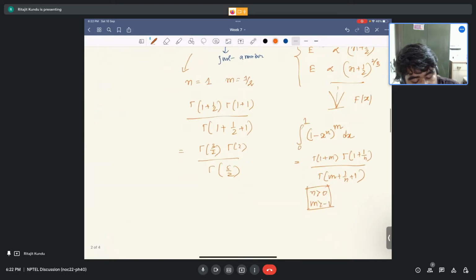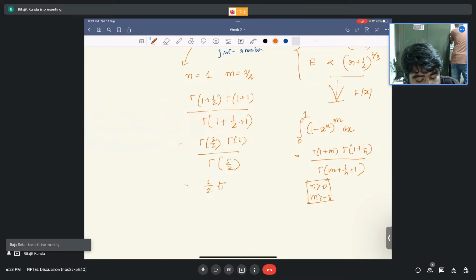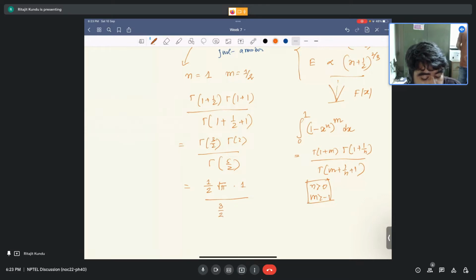As you might be aware, the gamma functions are nothing but these factorials. For fractional numbers this is not a factorial, it will be something different, but for integers this is just a factorial. So in the numerator it becomes half square root pi, and then gamma 2 is just 1, and in the denominator it becomes 3 by 2 times half times square root pi.